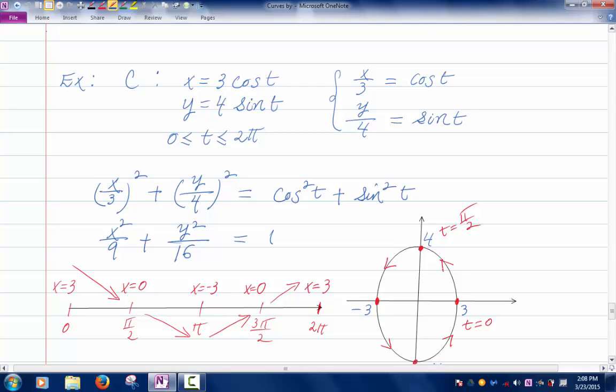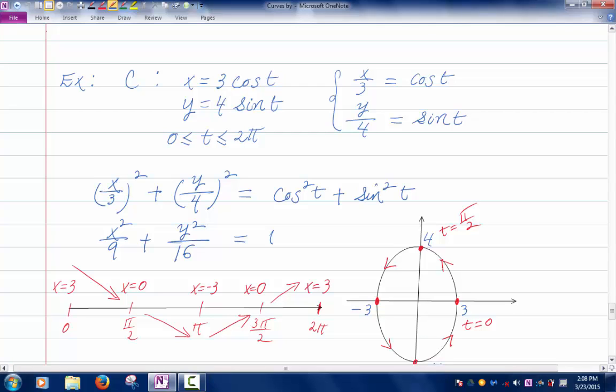The idea here is that from the equation for x, I can divide both sides by 3 and obtain x divided by 3 is cosine t. From the second equation, I can divide by 4, and I get y divided by 4 is sine t.